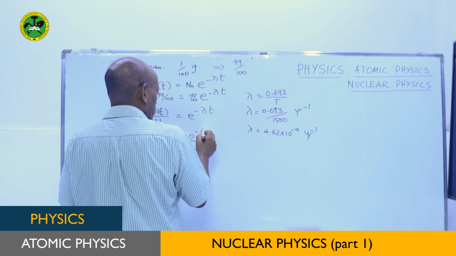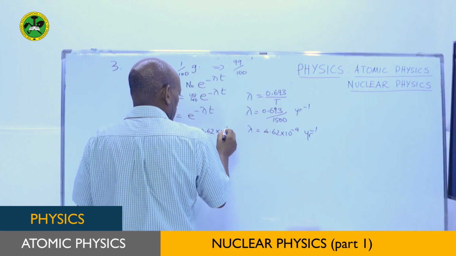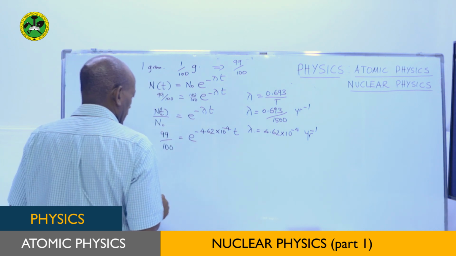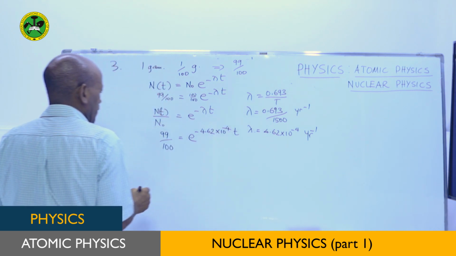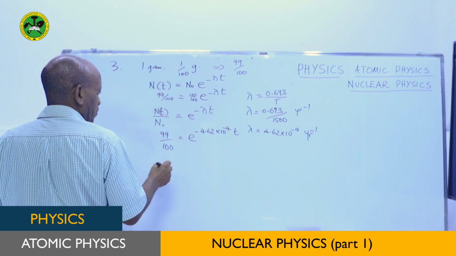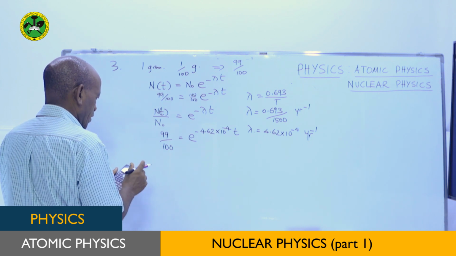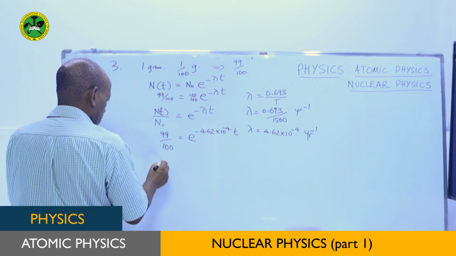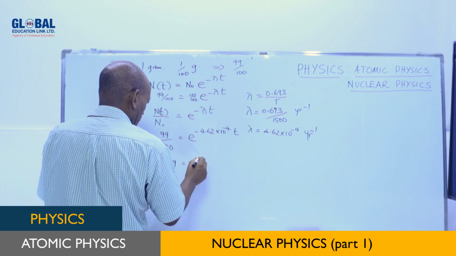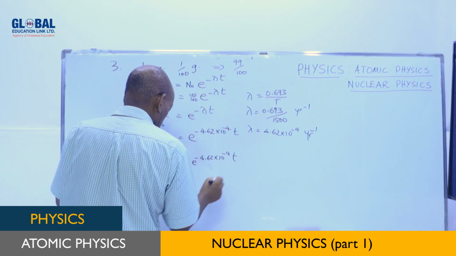The lambda there is 4.62 times 10 power negative 4 times t. Our interest is to determine this t, so we can proceed computing, and here we'll be getting 0.99 equals e power minus 4.62 times 10 power negative 4 times t.